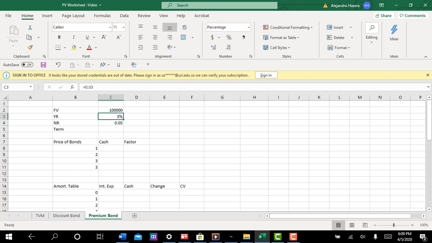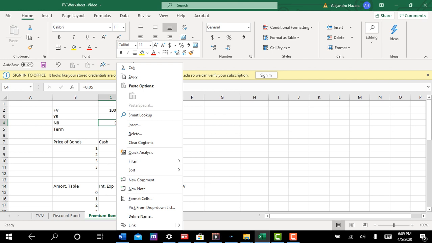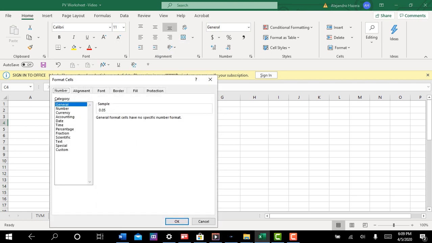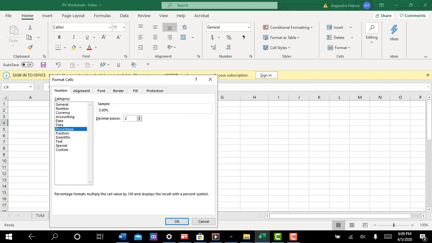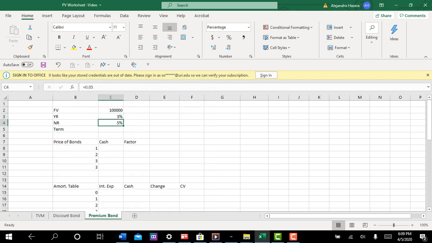Notice that unlike the discount bond video, I have set this yield rate to be less than the nominal rate. So we should get a premium on this bond. And the term, like the last example, is going to be 3 years.